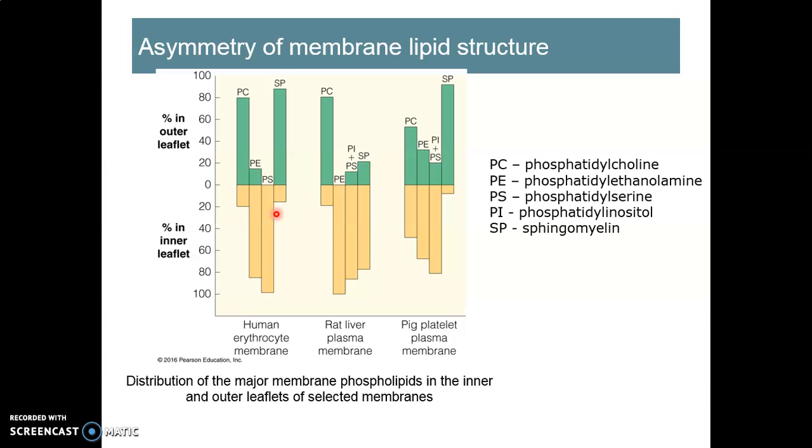So here we're actually looking at the cellular membrane, the outer leaflet versus the inner leaflet here in yellow. So you can see most of the phosphatidylcholine is in the outer leaflet, to where most of the phosphatidylethanolamine is on the interior. And you can see those differences.